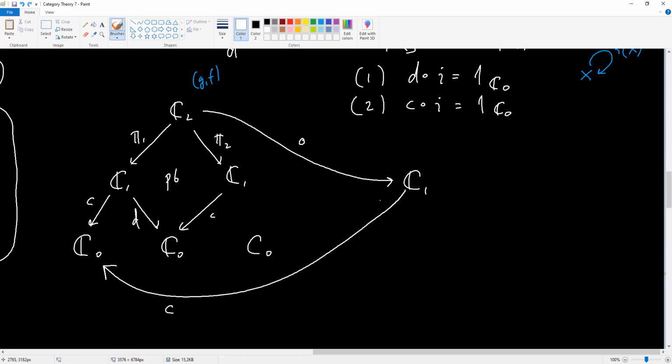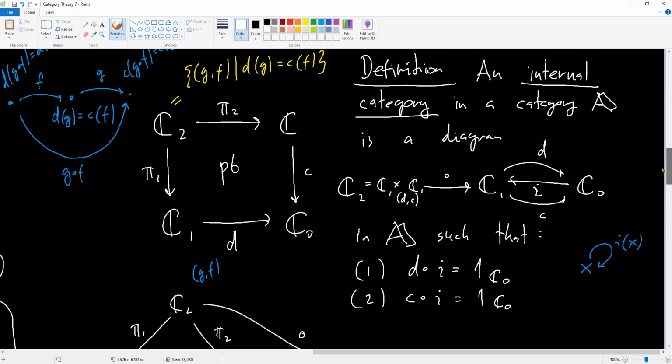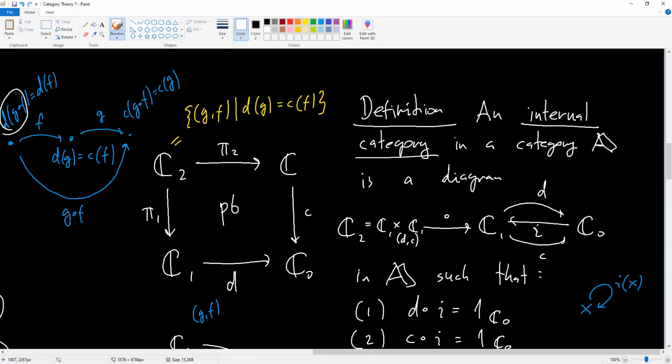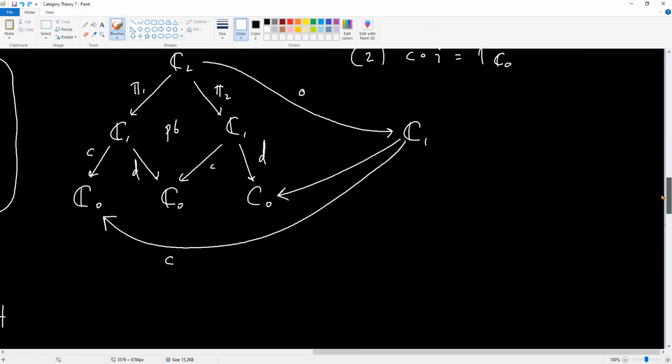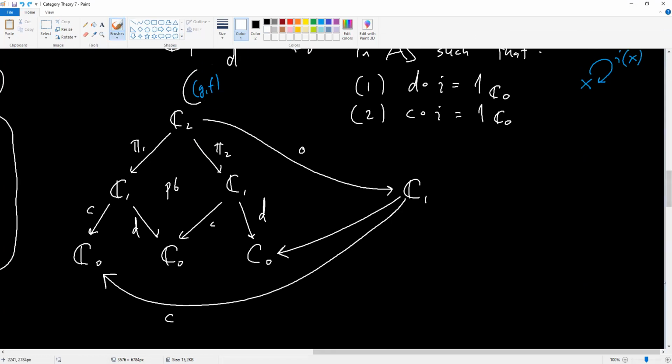And similarly for the other one, for the fact that the composite will have the same domain as F. To extract F out of the pair, I apply Pi2. I will get F here.